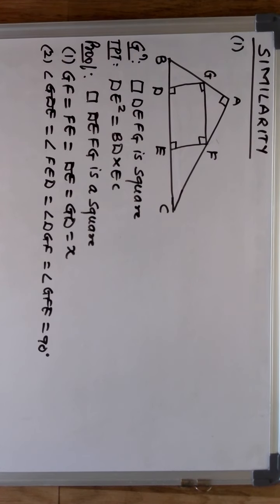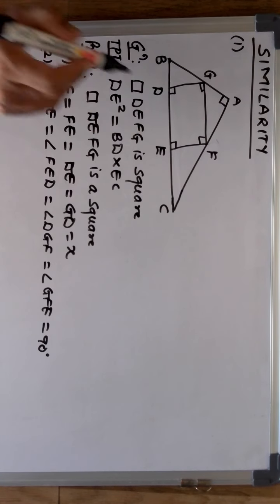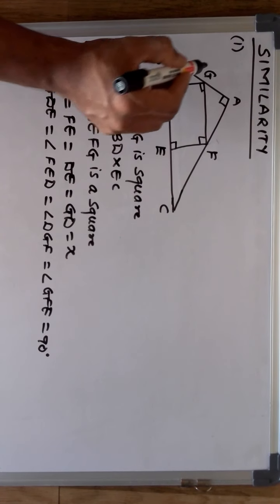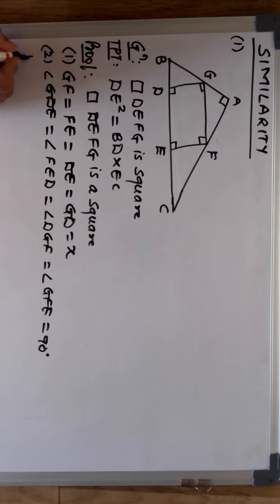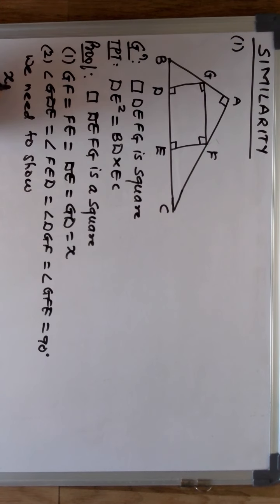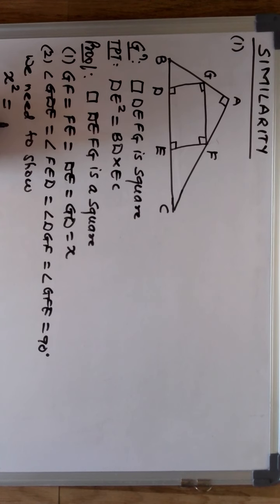Now I need to show DE square is equal to BD into EC. DE square means this one. So obviously DE can be anytime replaced by FE, by GD and AF. That is, we need to show from this information, because we have taken DE as x, that x square is equal to BD into EC.